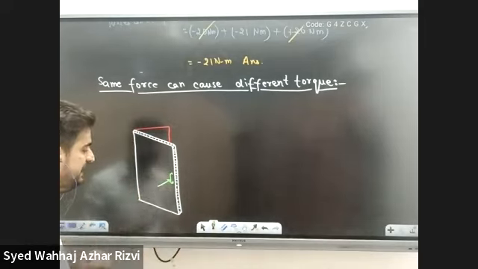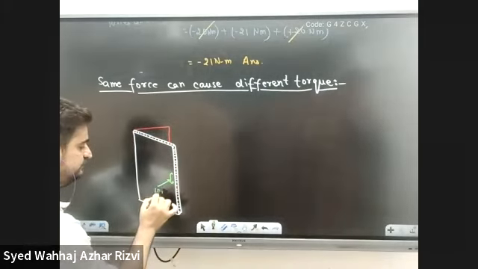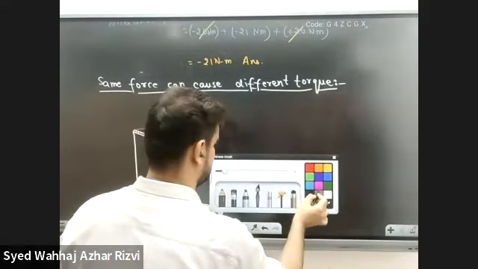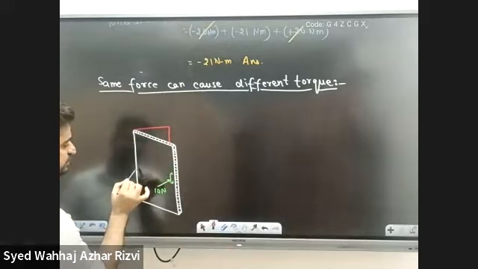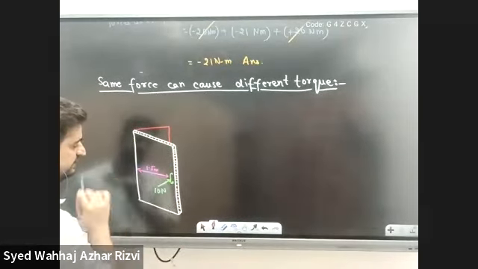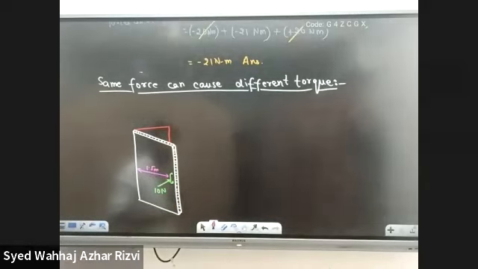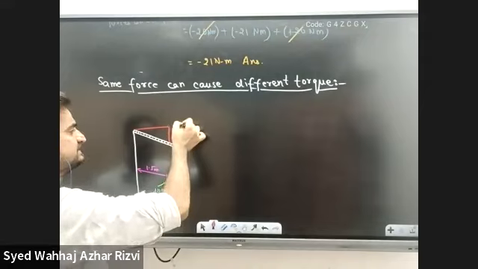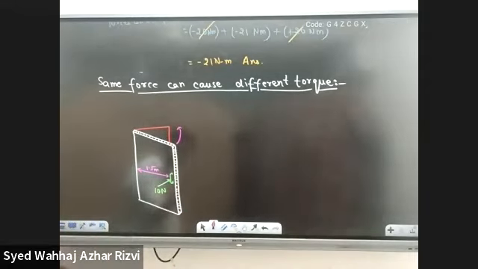Let's say we are applying a 10 Newton force on this door, and the door handle is 1.5 meters away. So what would happen? The door would go like this, anti-clockwise, right?